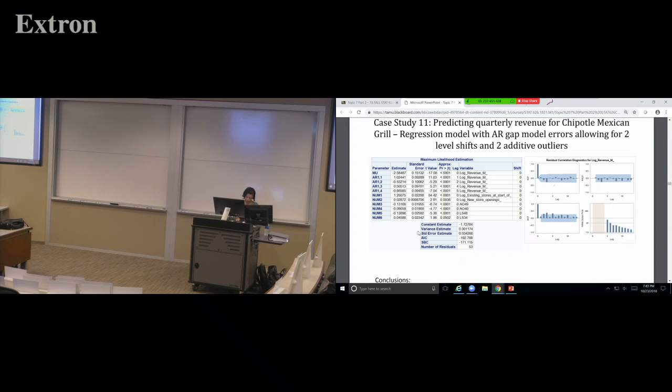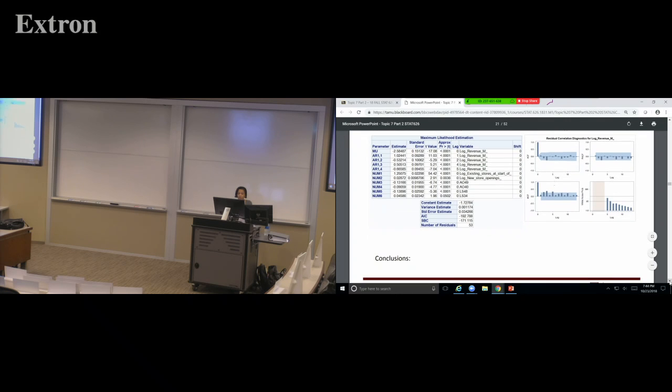So when we ran the autoregressive 5 with all of the parameters included, it located 4 outliers, 2 additive and 2 level shifts. So we included those here and did not include that third autoregressive parameter estimate because it was not significant.